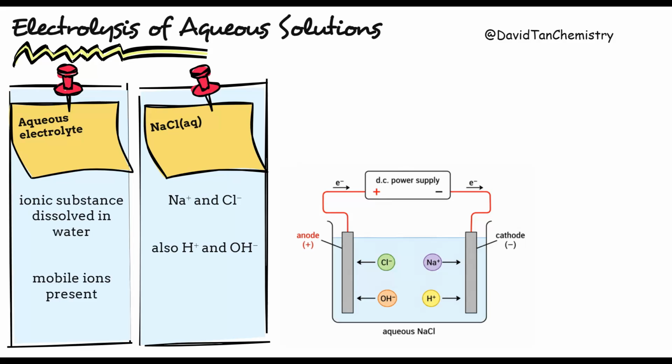So, the usual O level list is sodium ion, chloride ion, hydrogen ion, and hydroxide ion. Water is actually only slightly ionized, but listing H+ and OH- gives students a useful model for predicting the possible products. At A level, water itself is often written directly in the electrode half equations, especially when hydrogen or oxygen is formed.